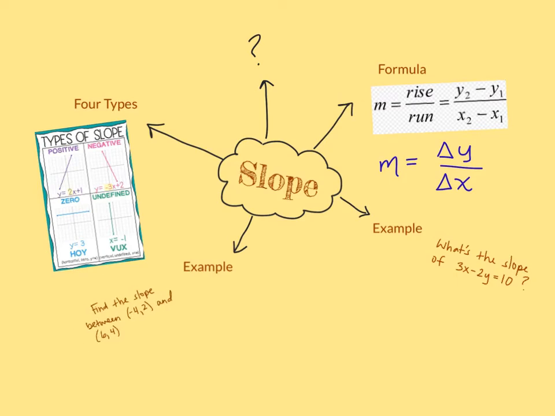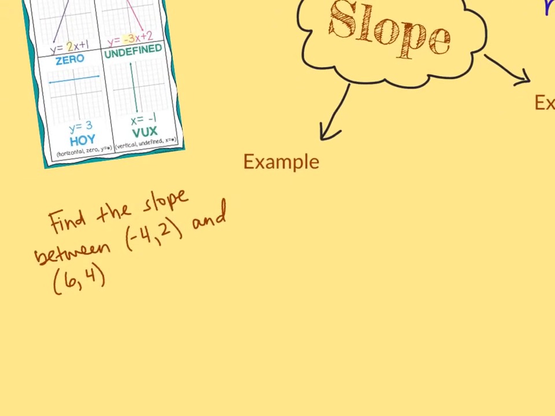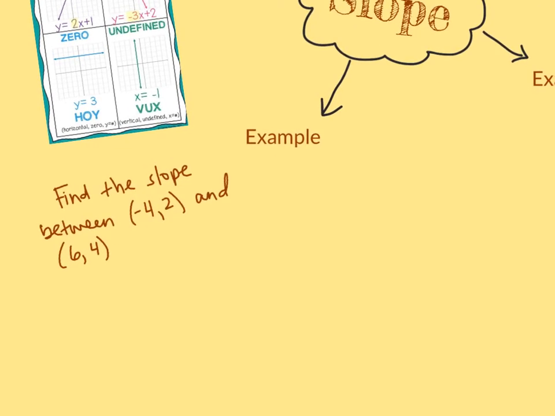We want to find the slope between two points. Let's zoom in on this. We're going to use our slope formula, which is the change in y divided by the change in x. Our y values are 2 and 4. You can subtract them in either order, you just have to be consistent in the order that you subtract your x's as well.